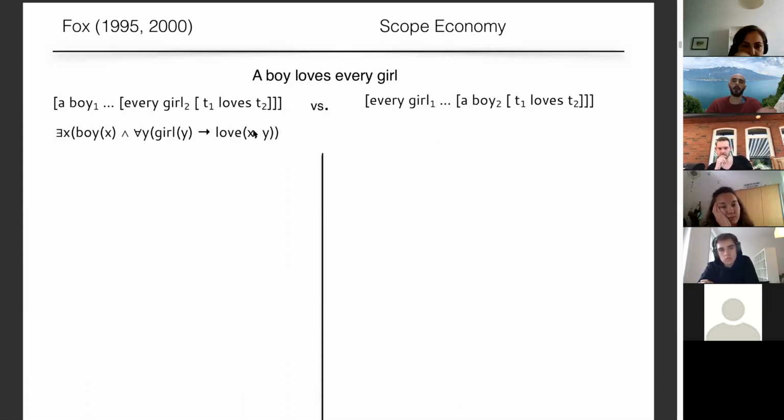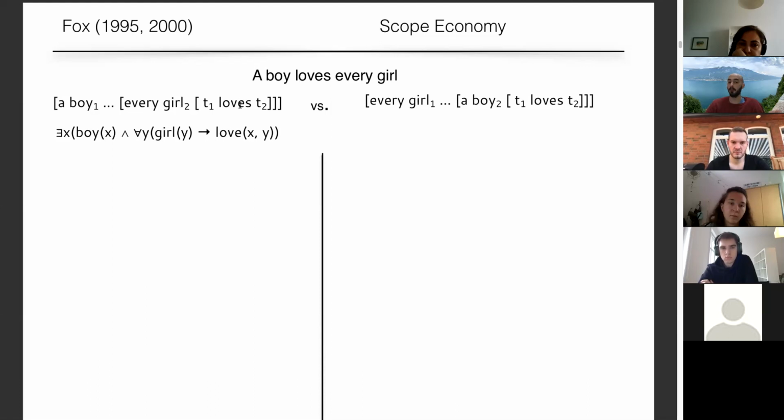So in logical terms, the indefinite is translated into an existential quantifier and a conjunction of the predicates. So a boy runs is: there exists an individual who is a boy and who runs. The universal quantifier is translated into logical terms with an implication.